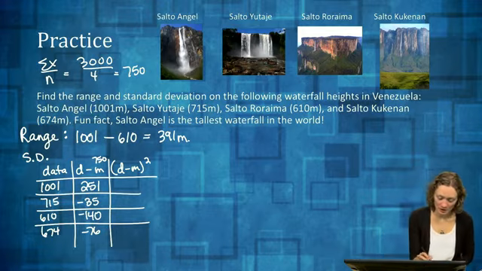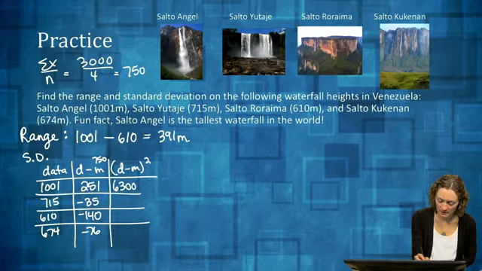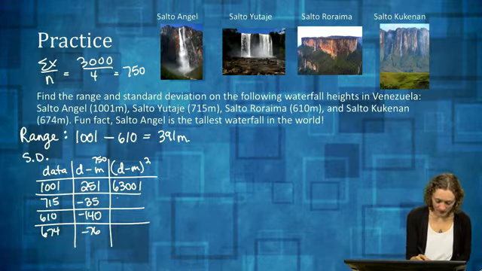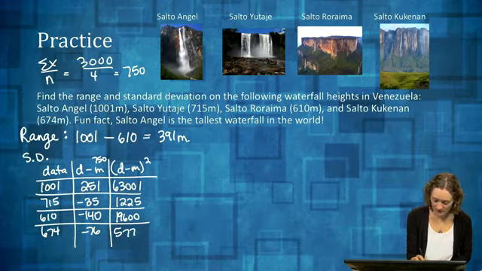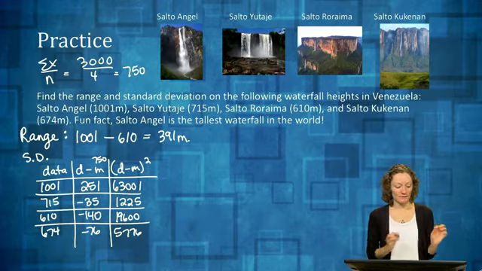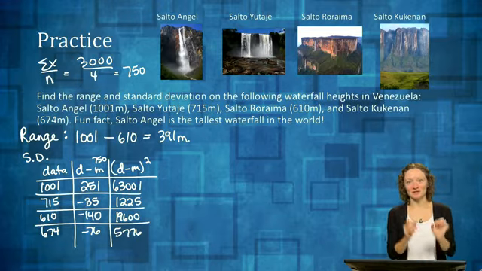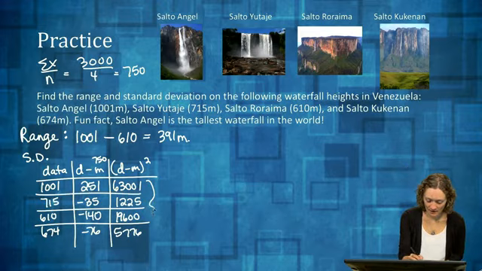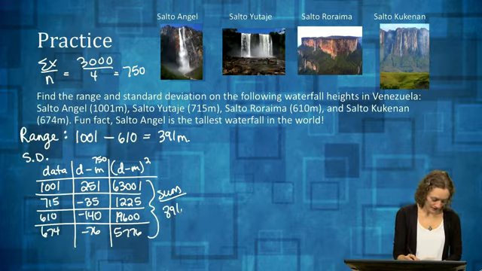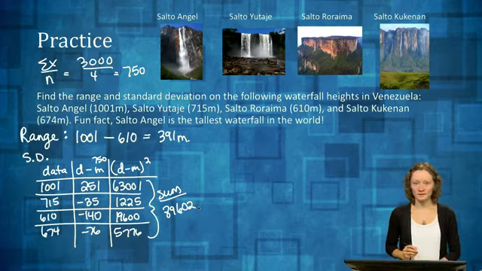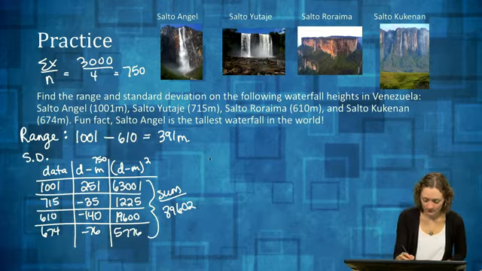And yes, these are some large numbers: 63,001, 1,225, 19,600, and 5,776. So now we've taken each data point, subtracted the mean, squared it, and the last thing, add them up. The sum of those 4, 89,602. So now we have our numerator.